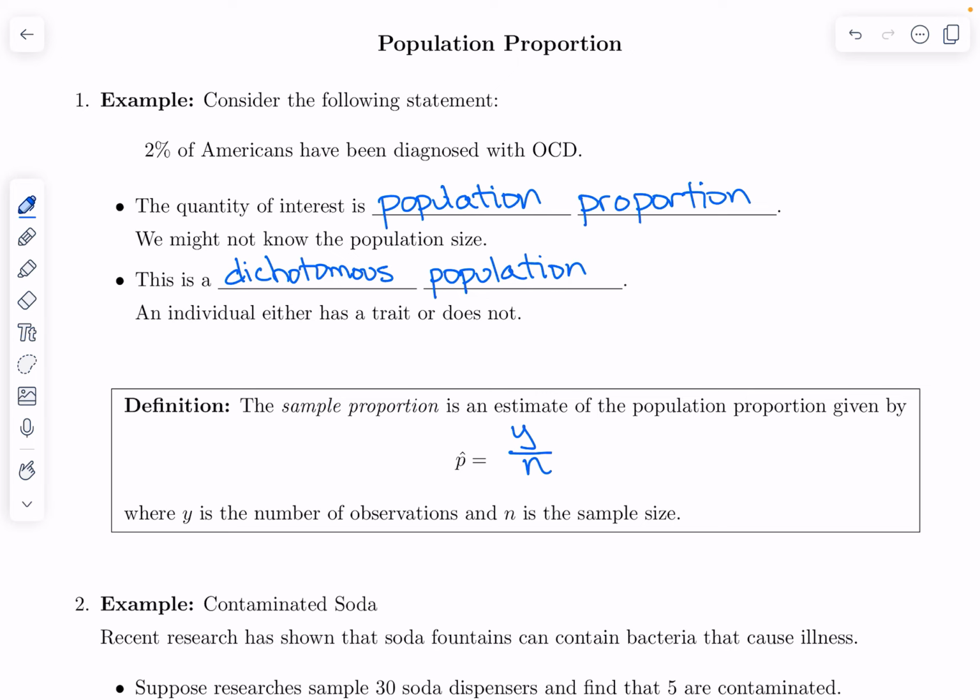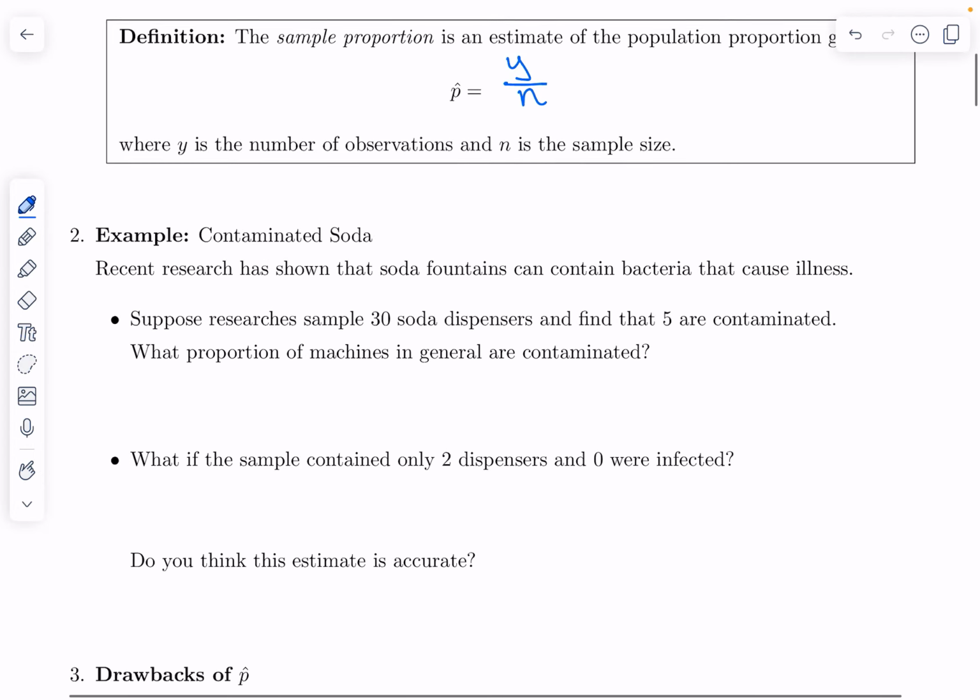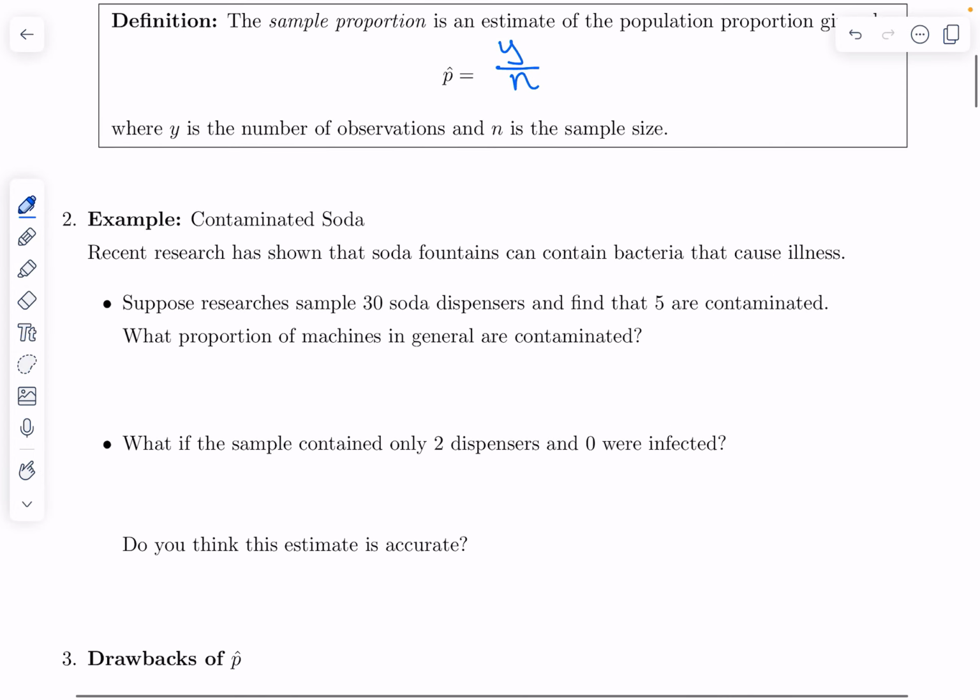Let me move on to another example. Recent research has shown that soda fountains can contain bacteria that cause illness. Suppose researchers sample 30 soda dispensers and find that 5 are contaminated. What proportion of machines in general are contaminated? Well, we don't have a count of all of the soda dispensers that exist, but what we do have is a representative sample of 30 soda dispensers.